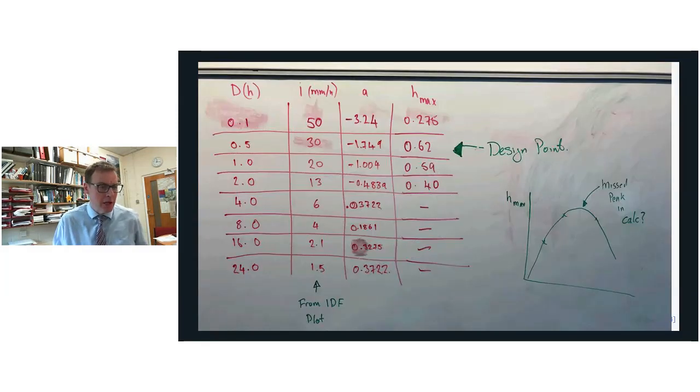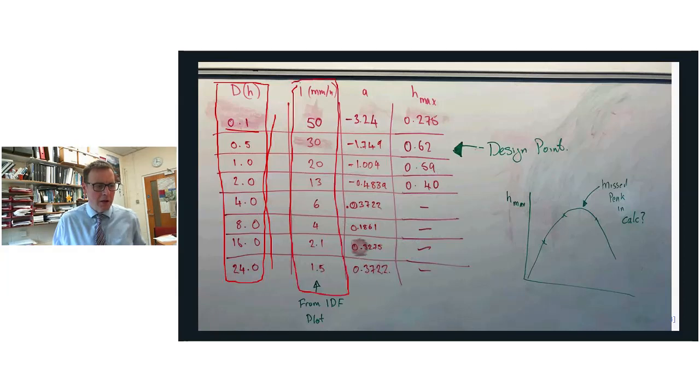Then what I did in class was pick a range of durations, ranging from the smallest I could get away with. The reason the whiteboard looks a bit smudgy here is I started at 0.5 and it turned out I should have gone a bit smaller. So I picked a range of durations, and associated with that I've got a range of intensities from the IDF plot.